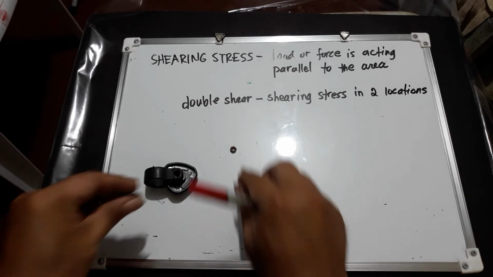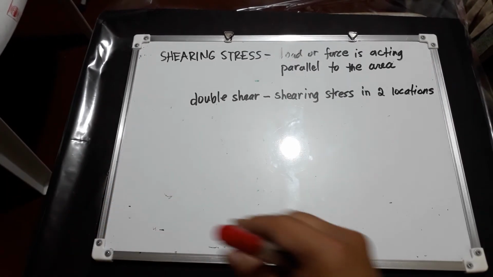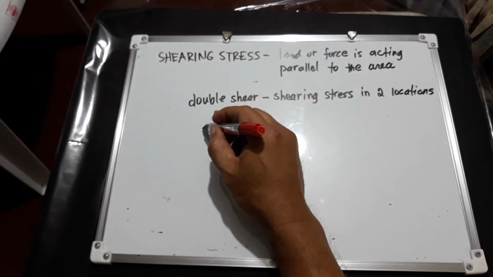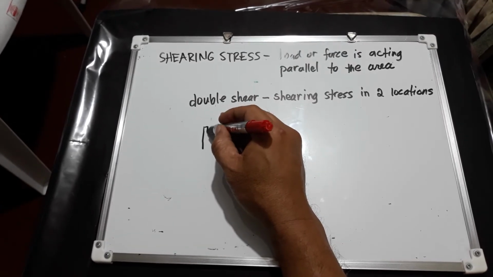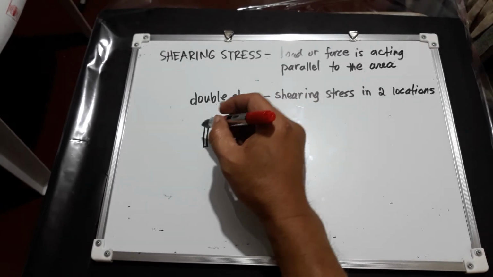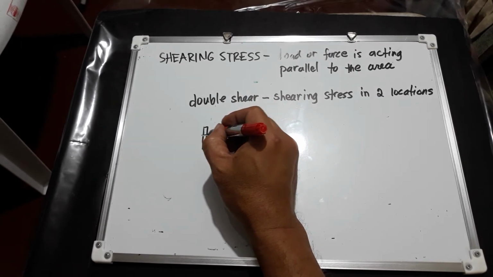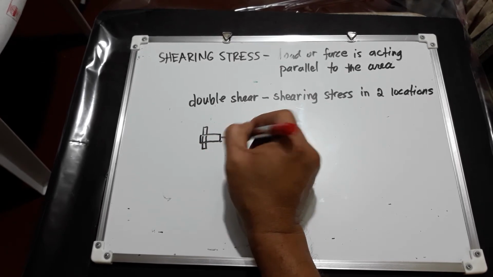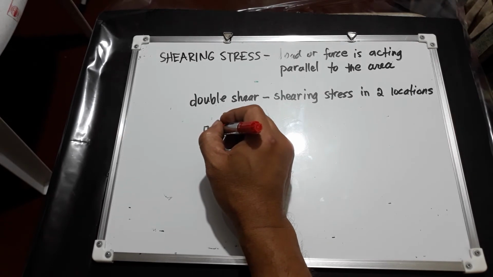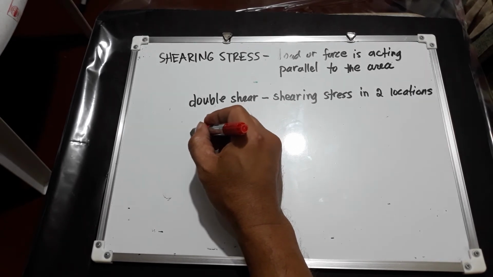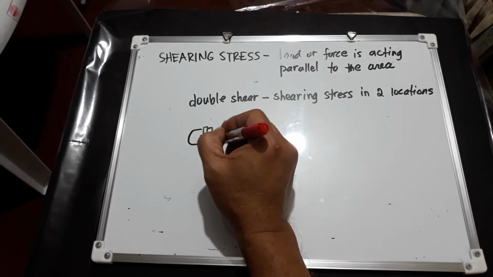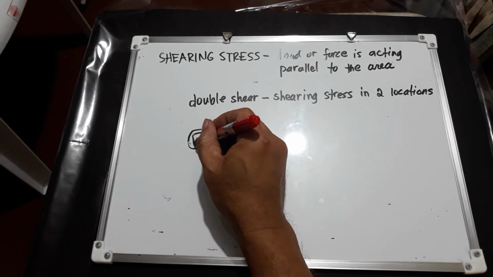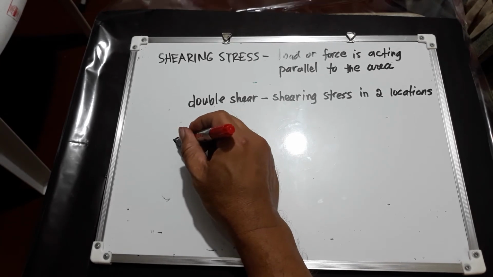So how do we analyze this shearing stress? Now, if this is the bolt, and we are going to attach the middle part here and pull the bolt, pull that part there, and there is what we call a yoke that will support this one, and pull the other way.